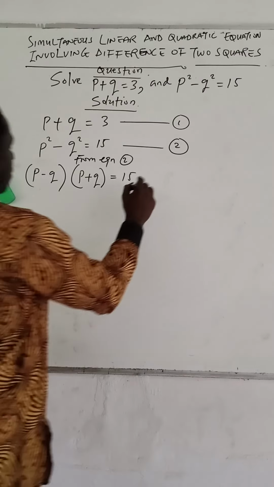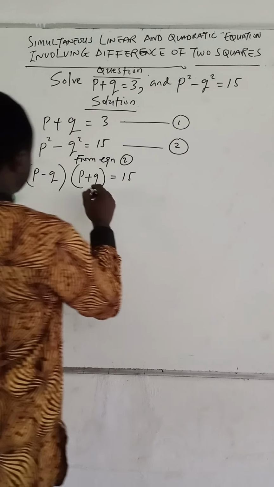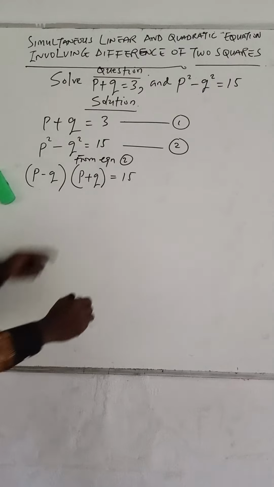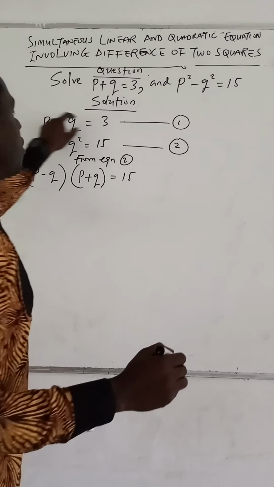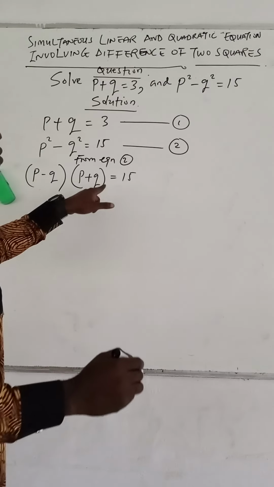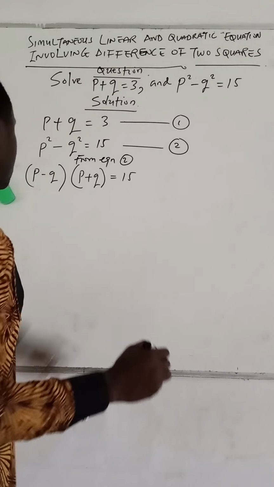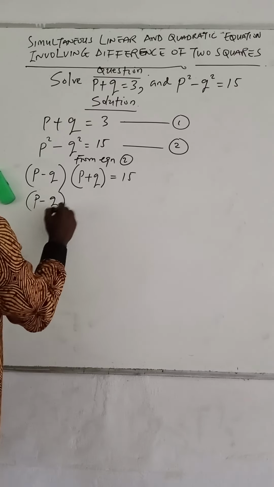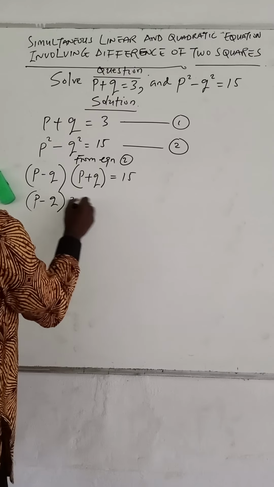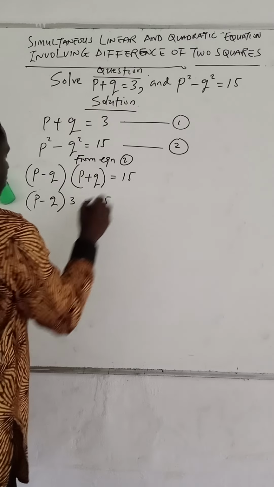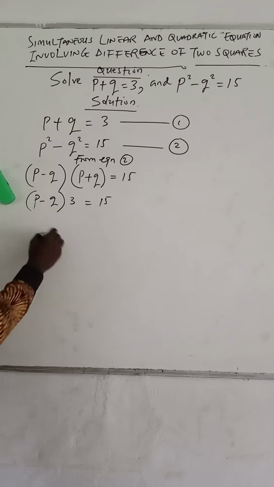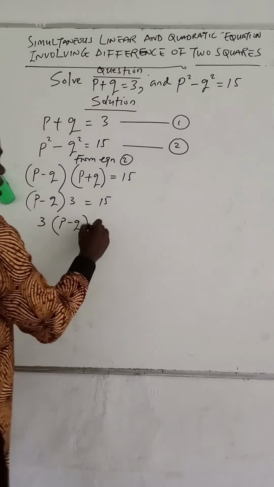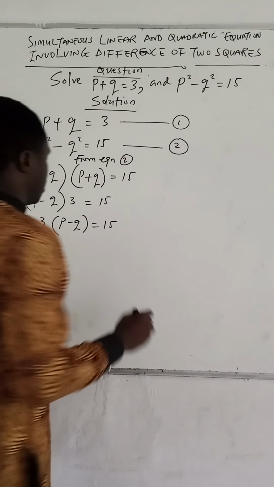If we substitute the value of p plus q from equation 1 into this equation, we will have p minus q times 3 equals 15. So we can rewrite this as 3 brackets p minus q equals 15.